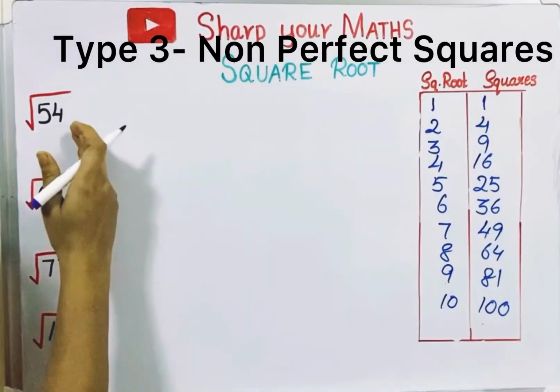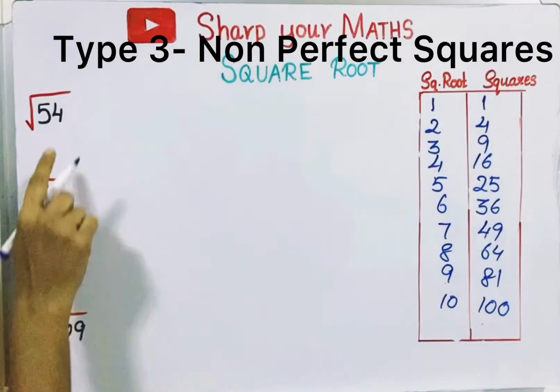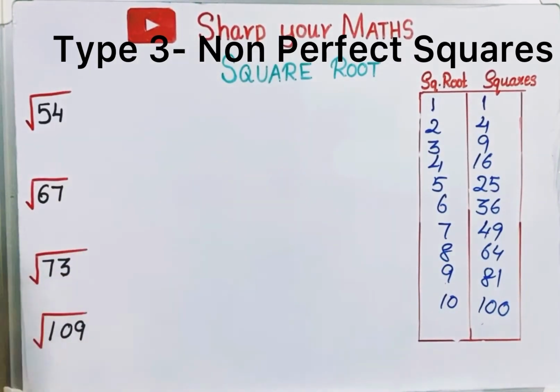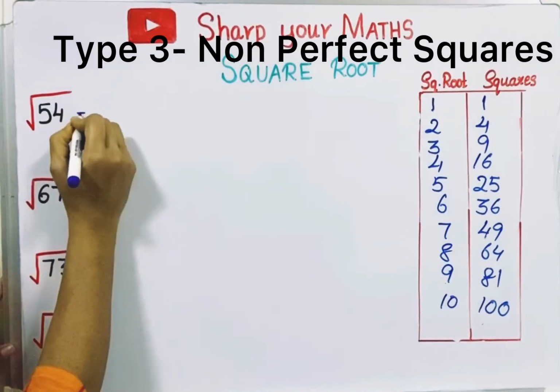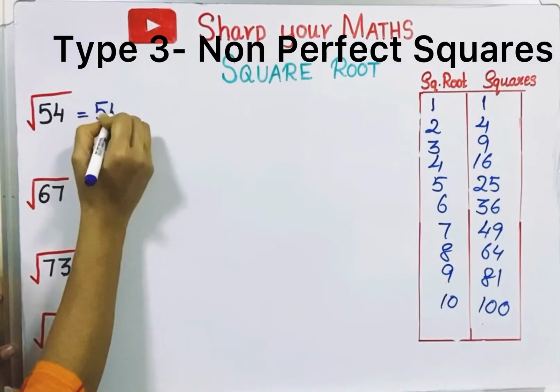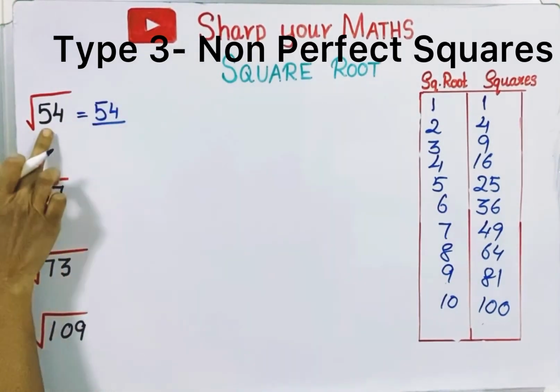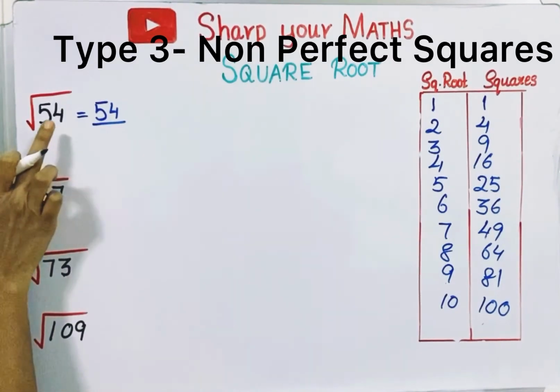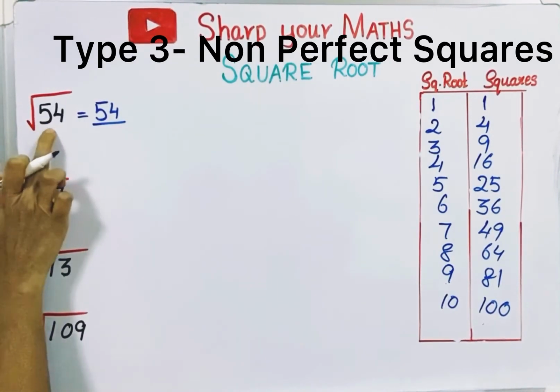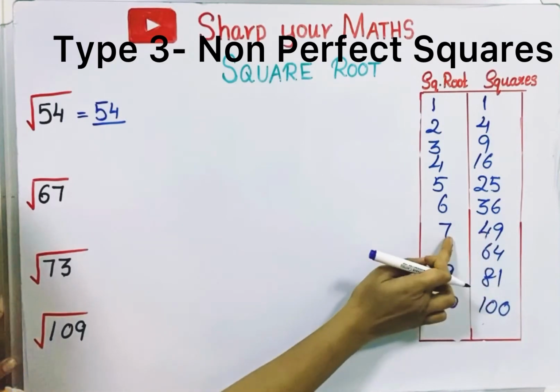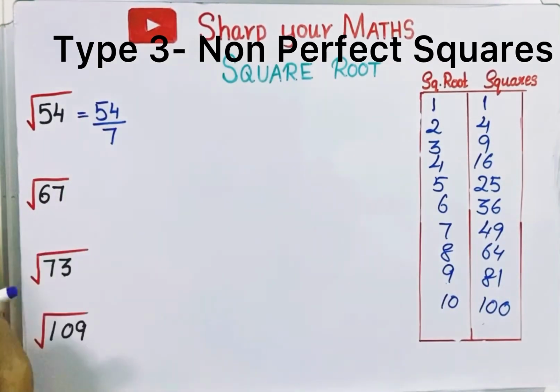Square root of non-perfect squares. These numbers are not perfect squares. So to find the square root of these numbers, first step, take the number. Next, check the square close to it. The square close to this 54 is 49. Take its square root, right here.